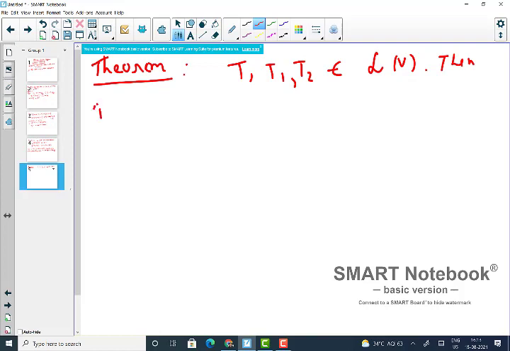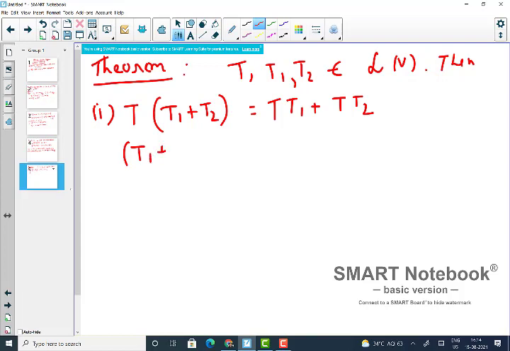Number one, if you first add T1 plus T2 and then compose with T, this will be the individual compositions and then addition, T1 T plus T2 T. This is true for any T1, T2, and it is true for both sides. That means you can do it from this side also, T T1 plus T T2.